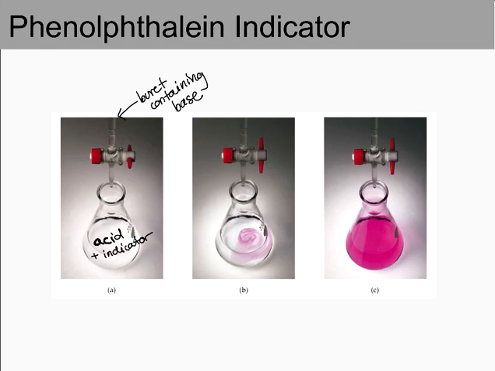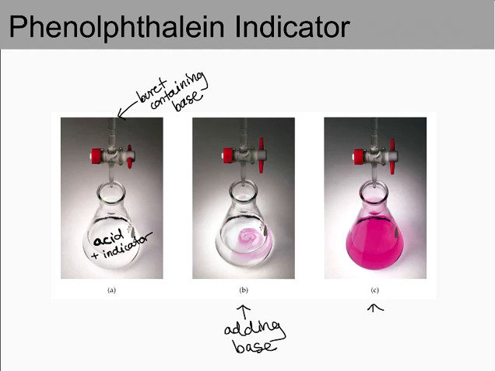But then, once we start adding base, we notice the solution turning kind of pink. And if we give the flask a good swirl, that pink color might disappear. So what we're really looking for is for the pink color to stay for about 10 seconds total.